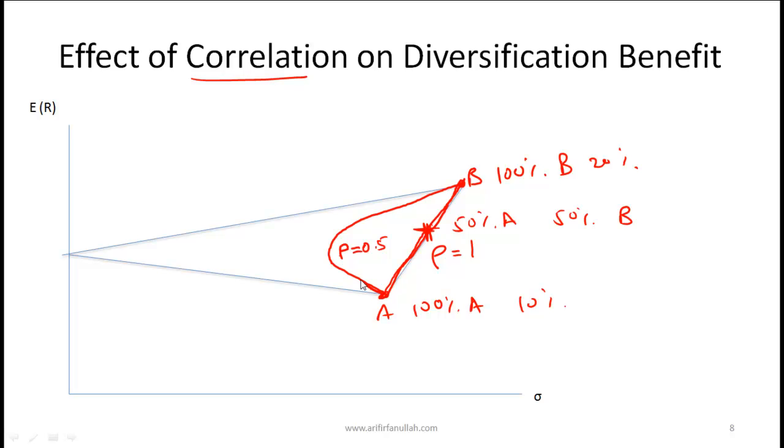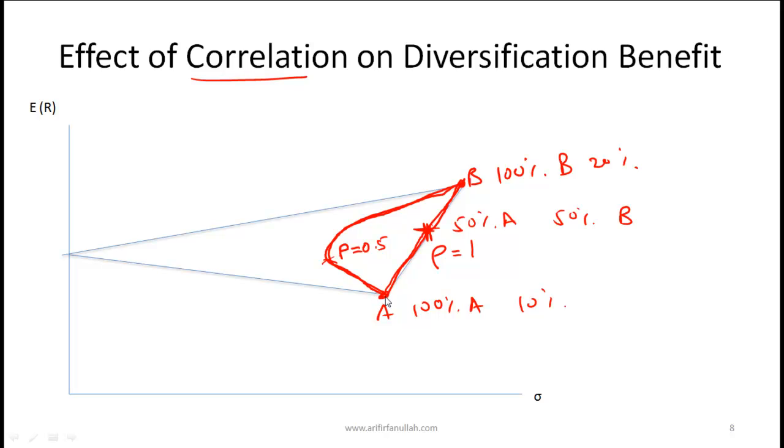Again, as we move along this curve, the correlation between the two stocks is the same, which is 0.5. What is changing as you move along this line is the weightage. So at this point we are 100% A, maybe at this point we are 30% A and 70% B. So given that the correlation is less than 1, we have a diversification benefit, and this is what was shown on the earlier slide too.